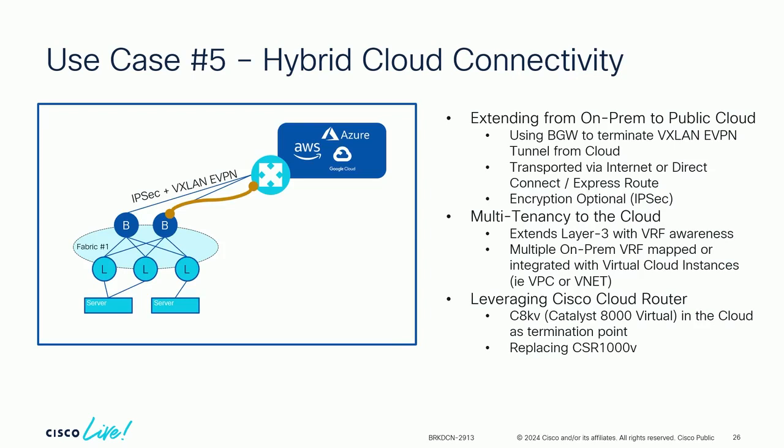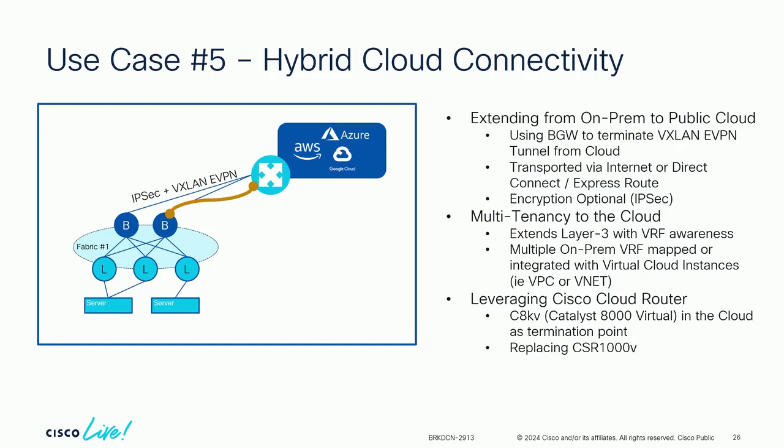Now I have EVPN, which is a layer 2 extension, which I don't want to use here. But what I can do is, if I have in the public cloud a representation similar to multiple VRFs, think of tenants, bringing them in, I can multiplex them over VXLAN EVPN, layer 3 only, into my on-prem data center, and I can terminate that directly on the border gateways itself.